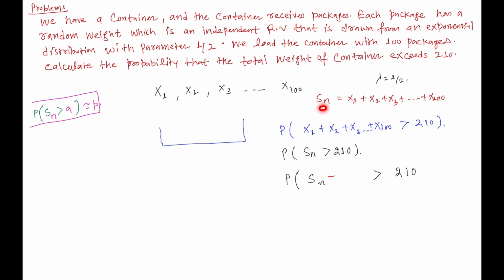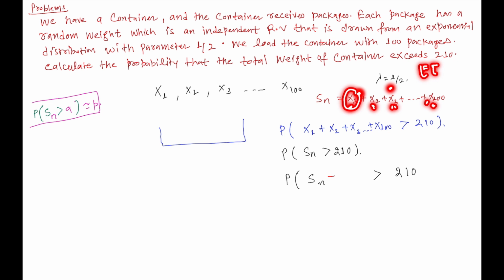So how do we find the expected value of this random variable Sn? Since all these random variables are exponentially distributed and independent, each with parameter lambda, that is 1 divided by 2, what will be the expectation of a single exponential random variable?